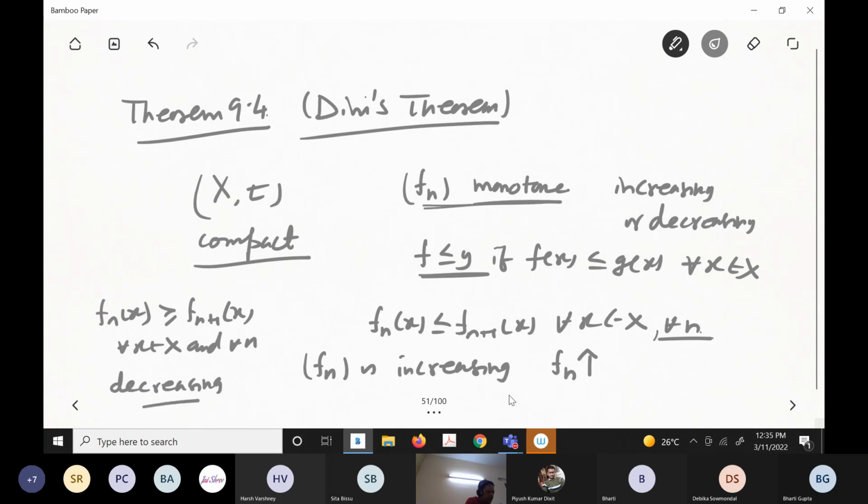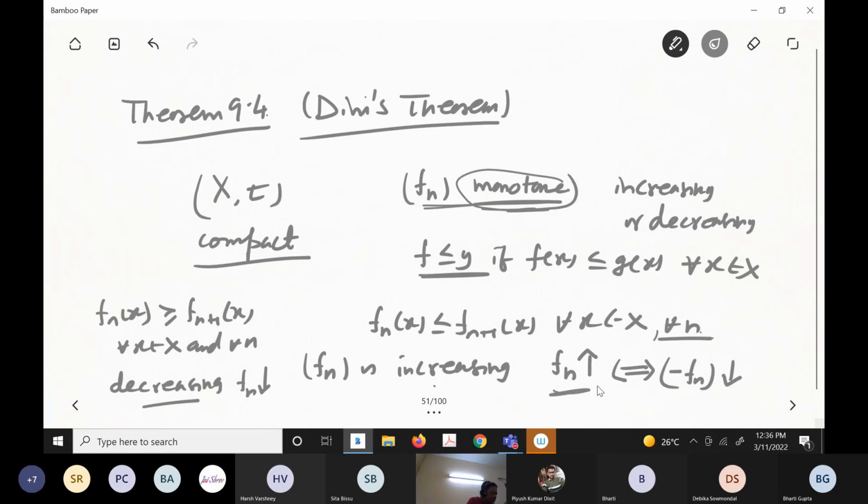If it is either increasing or decreasing, then it is called monotone, like the monotone sequence in R. Here I am taking sequences of functions, but still I can have that idea of monotone. Actually, while dealing with any result, I need to deal with either increasing or decreasing, like real numbers, because fn is increasing if and only if minus fn is decreasing. So while proving, you need to only prove one thing.